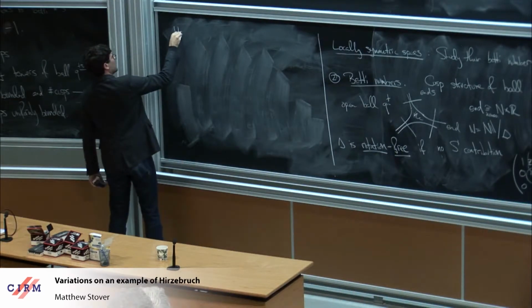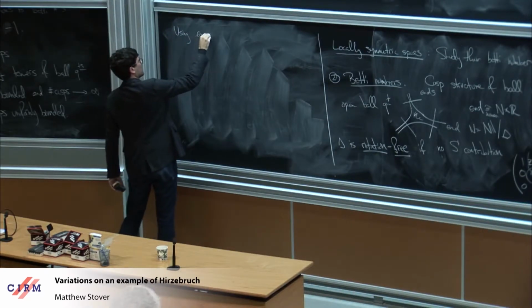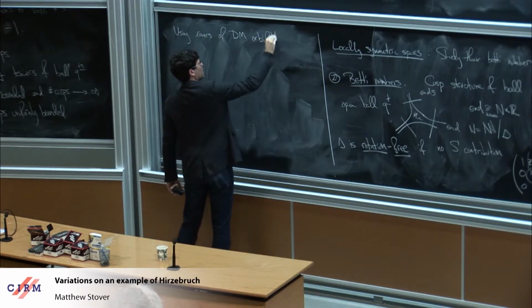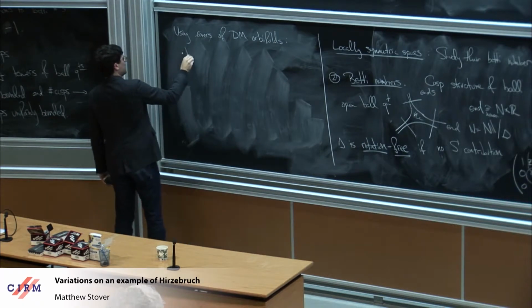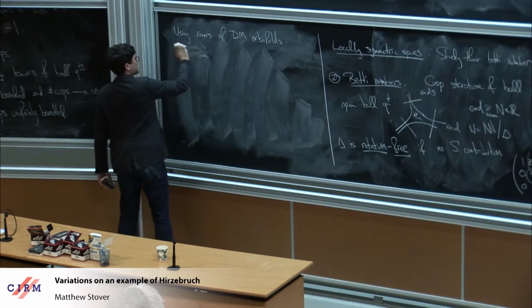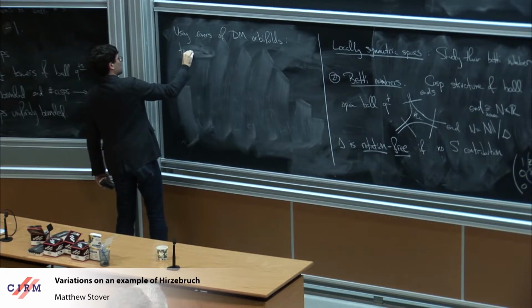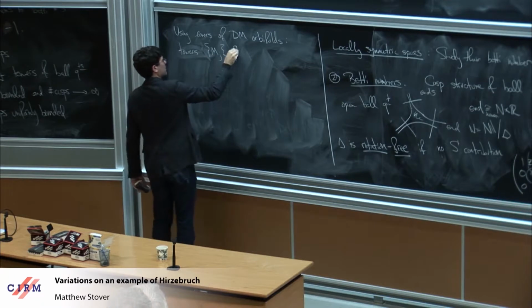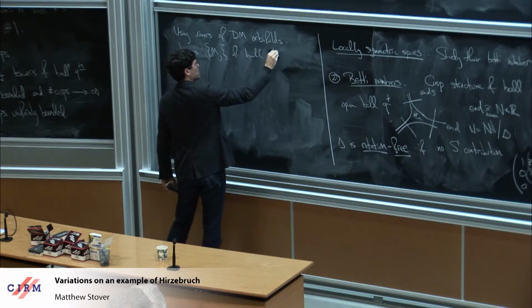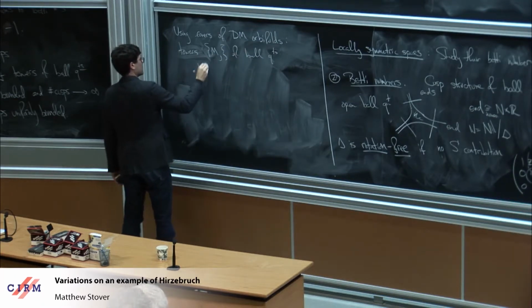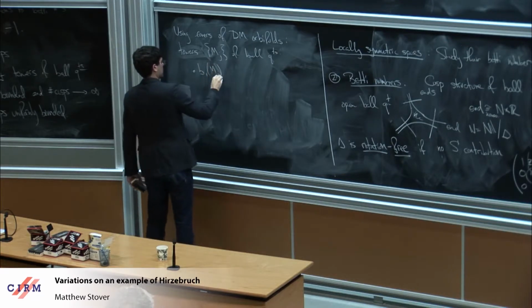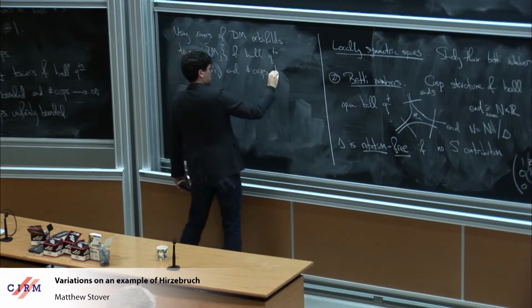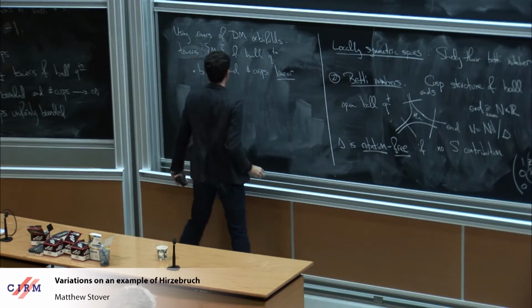So you can also get towers M sub j of ball quotients with B1 of M_j and number of cusps linear in the covering degree.